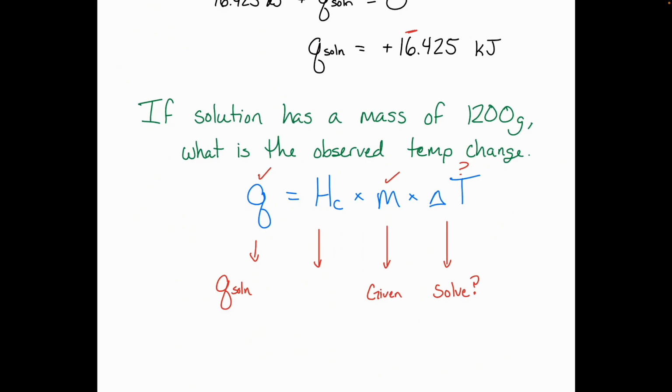All right? Our solution's heat capacity, truthfully, will be slightly different from that of water, but it's a dang good approximation to use water's heat capacity for any solution. All right? So for our heat capacity of our solution, we'll use that of water's. And water has a heat capacity of 4.184 joules per gram degree Celsius.